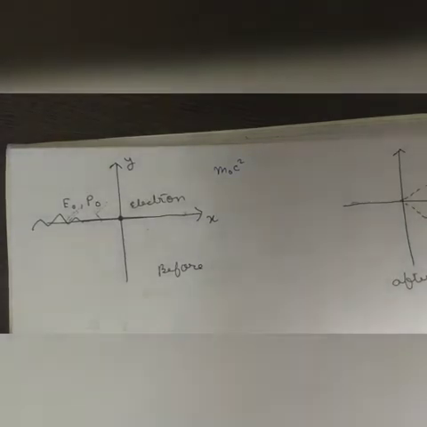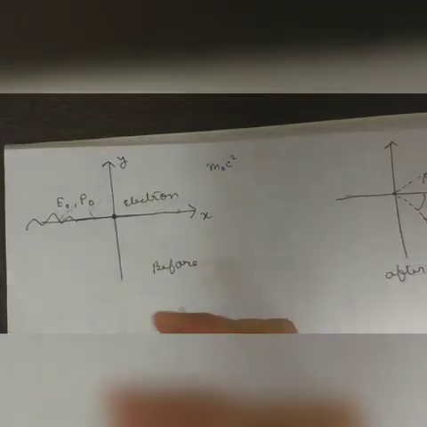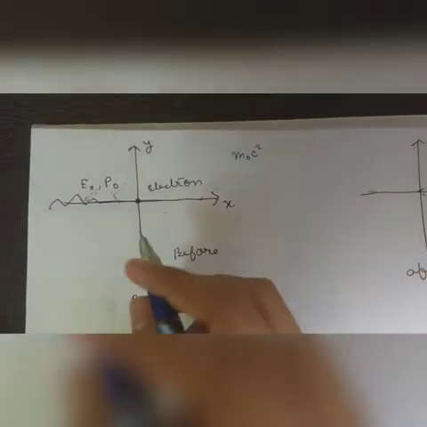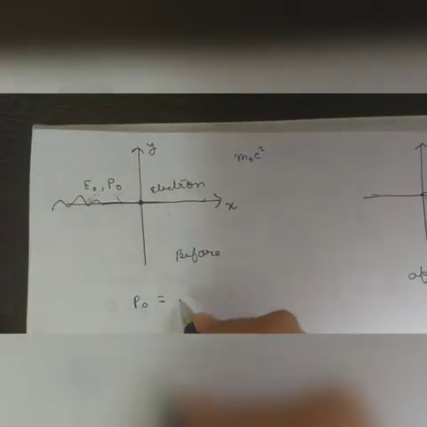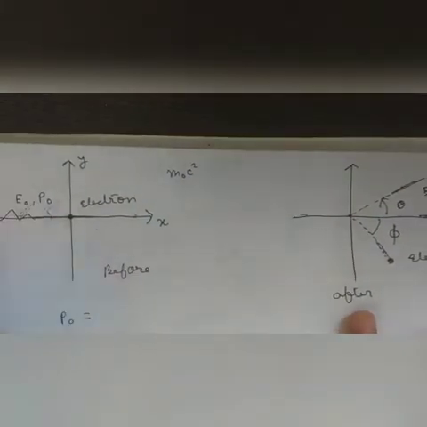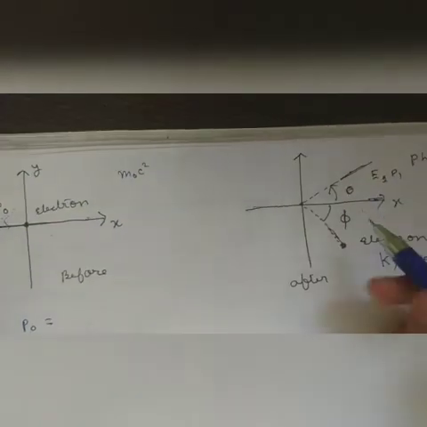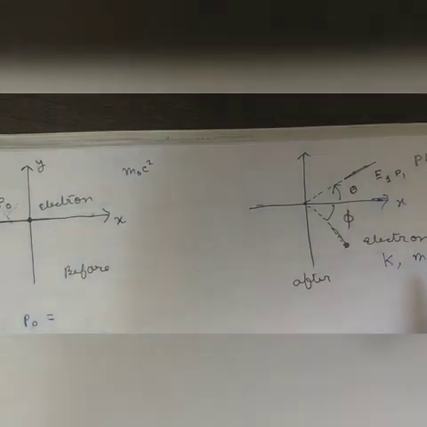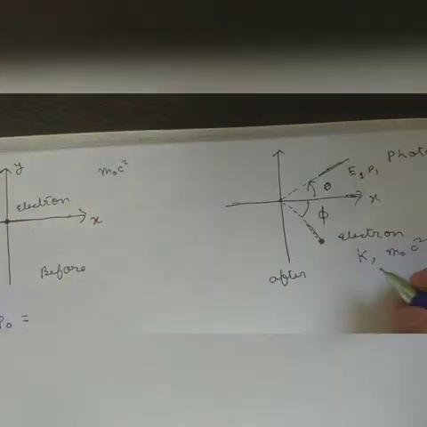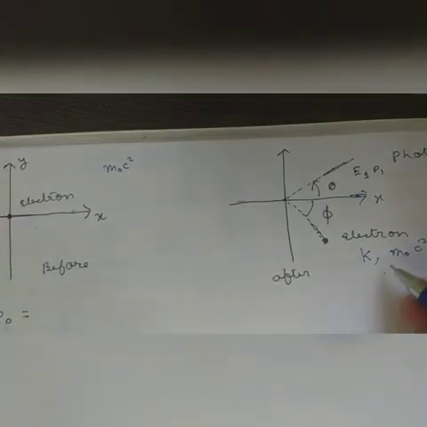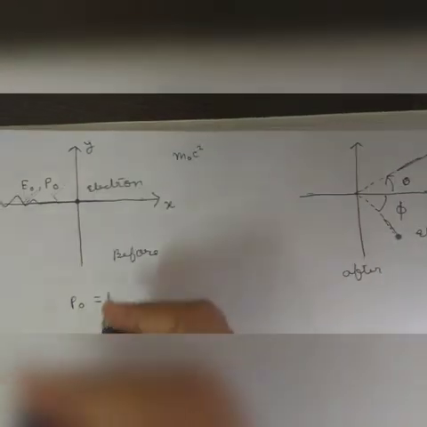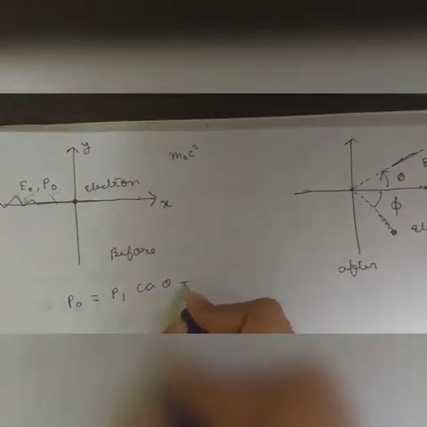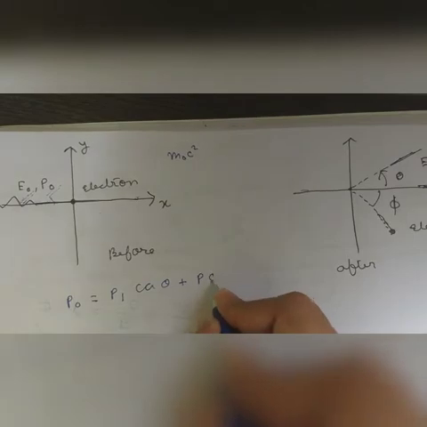If we apply the law of conservation of momentum in the x-axis, we will have p naught, the momentum of the photon before the collision. After the collision, in the x-axis, we write the components of the momentum of the photon and the electron, where the momentum of the electron is p. So it will be p1 cos theta plus p cos phi.